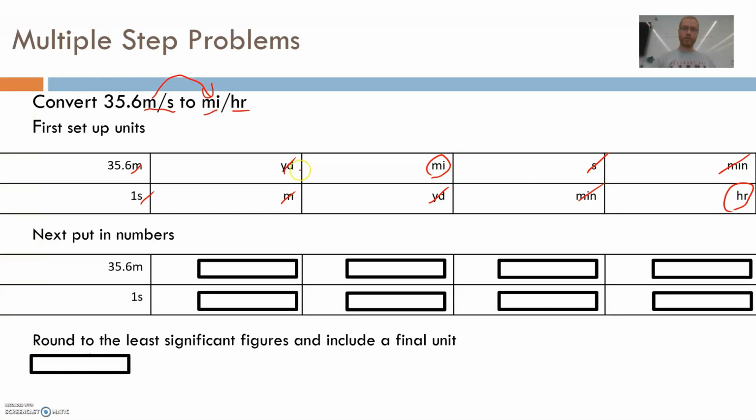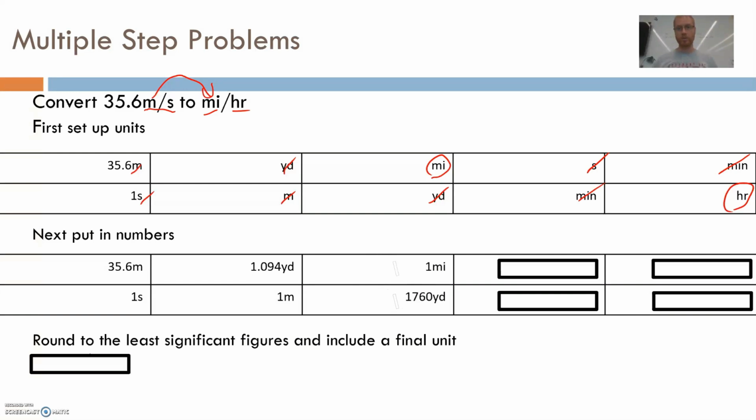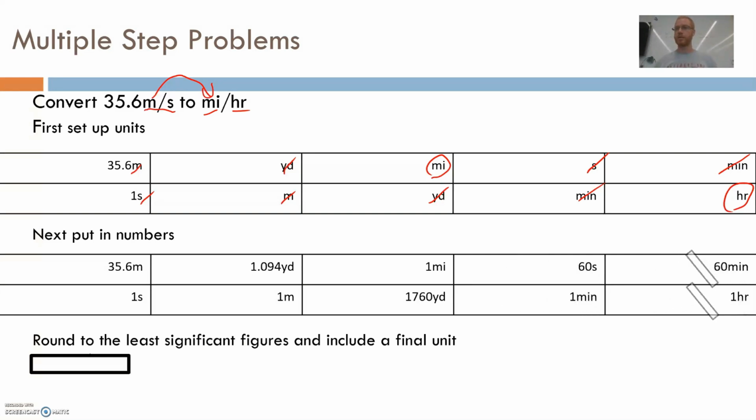So meters and yards, 1.094 yards in 1 meter. Miles and yards, 1 mile is 1,760 yards. Seconds and minutes, 60 seconds in a minute, and 60 minutes in an hour.